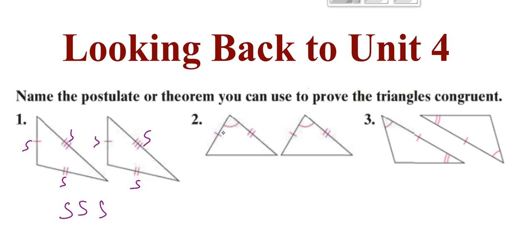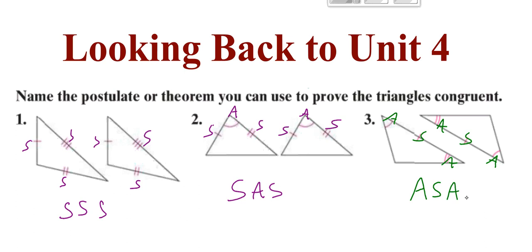Here, we had an angle in between a side that we knew and another side that we knew, so by side-angle-side, we were able to prove those triangles congruent. In the last example, we have an angle congruent to this angle, a side congruent to this side, and an angle congruent to this angle. So this was by angle-side-angle congruency. Remember that was the symbol for congruent.